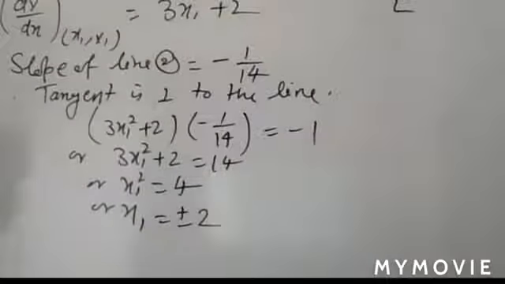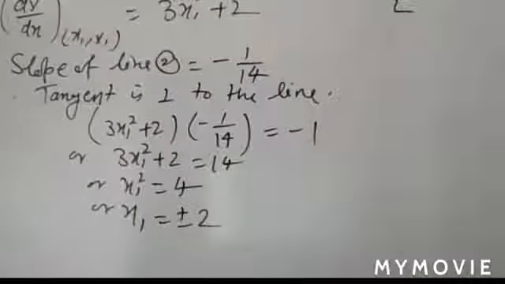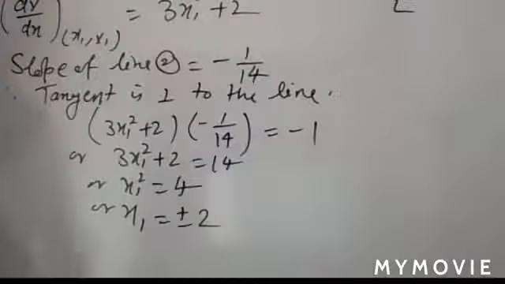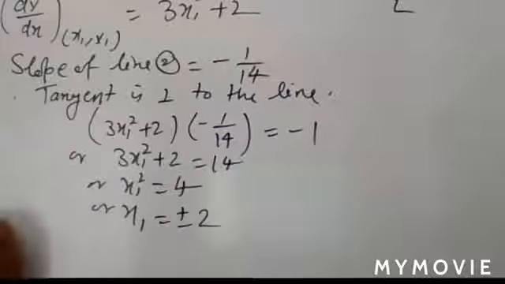In this way, you have the value of x1. Now you have to find the value of y1 also. So how do you find it? Putting that value of x1 in equation 3.